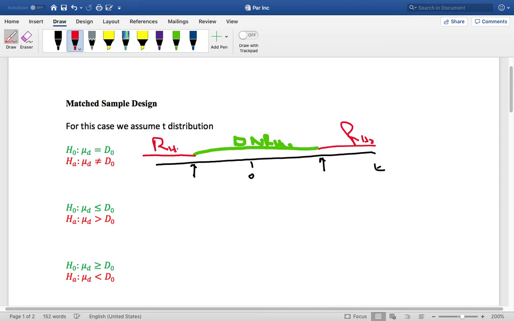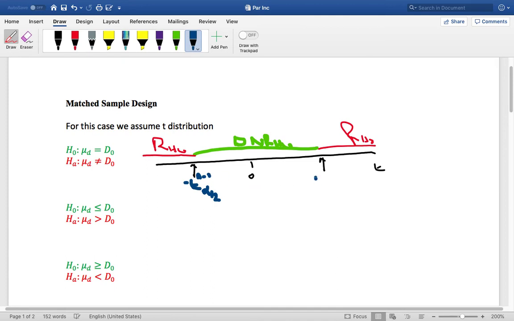And what else do we have? What are the critical values going to be? Well, our critical values are going to be plus or minus. That's over here, minus t, remember t distribution, t of alpha over 2. It's alpha over 2 because it's two-tailed, with the degrees of freedom for this one being n minus 1, so I can just put df or n minus 1, since we know what it is.